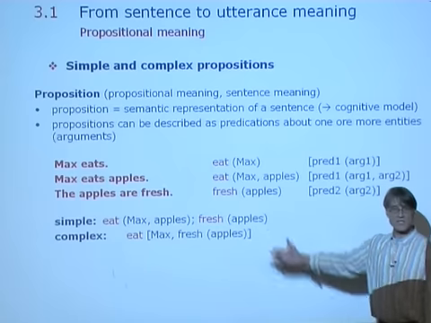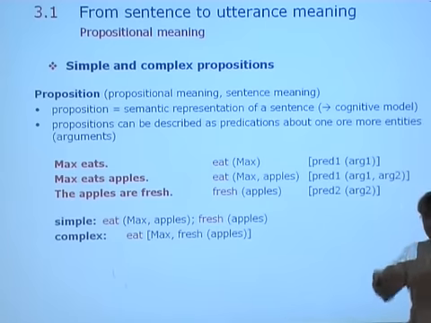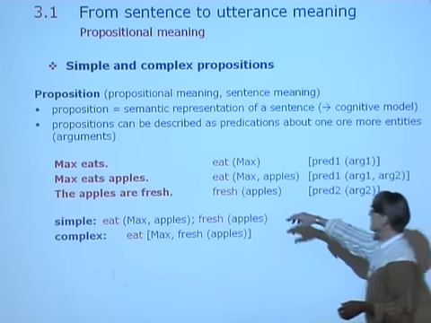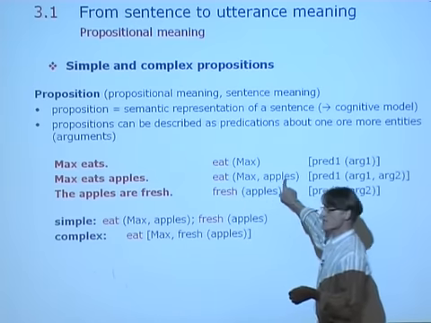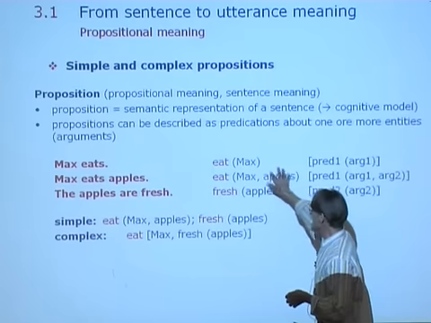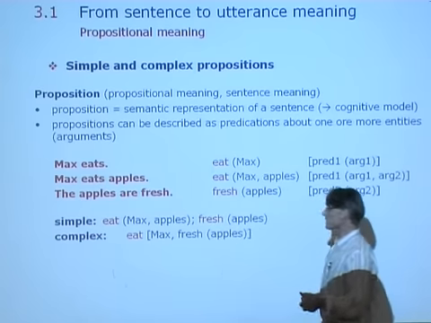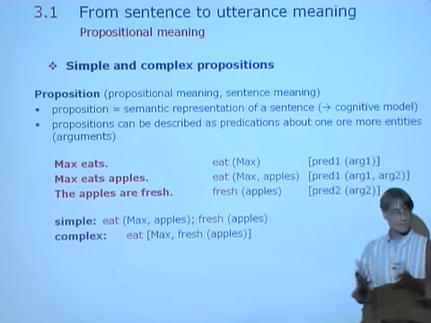Yeah. So Max eats fresh apples. Fresh apples is embedded in the proposition Max eats apples. What kind of apples? You have embedded here fresh apples. Okay? So simple and complex propositions.